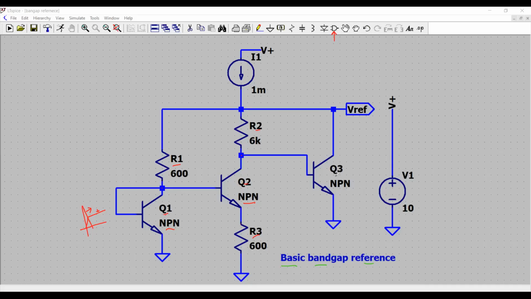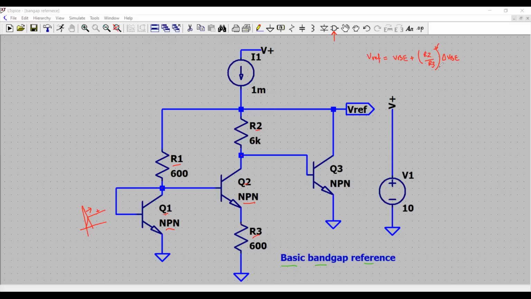And then, as I said, we want V reference to be the sum of VBE plus the ratio of two resistors R2 by R3 multiplied by delta VBE.